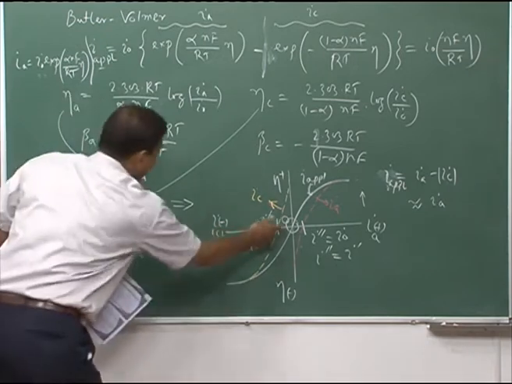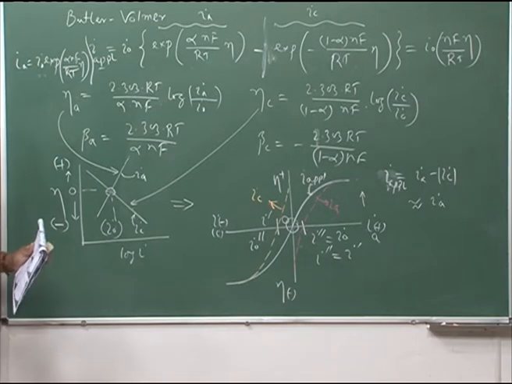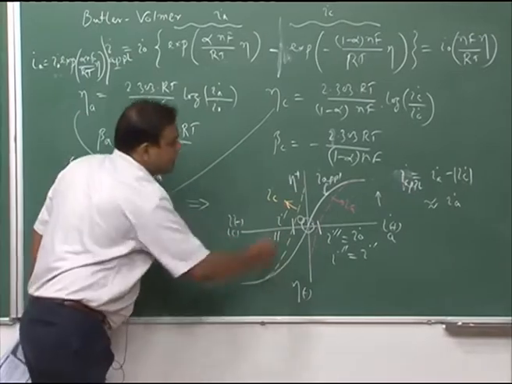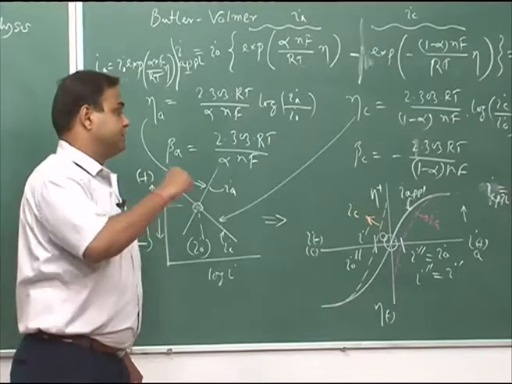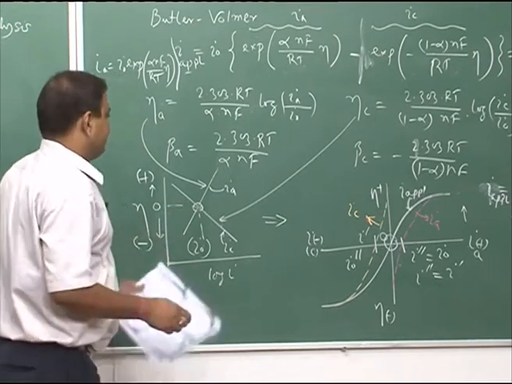This is happening on a single electrode system, but in case of corrosion we have one cathodic and one anodic. So, the same process is happening for the cathodic side as well as the anodic side, and that would lead to the concept of linear polarization.